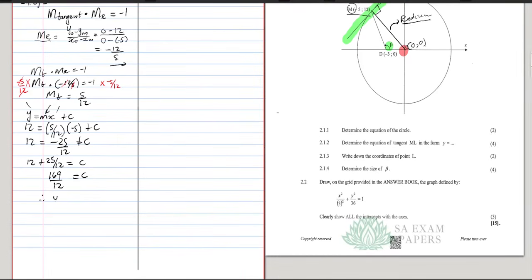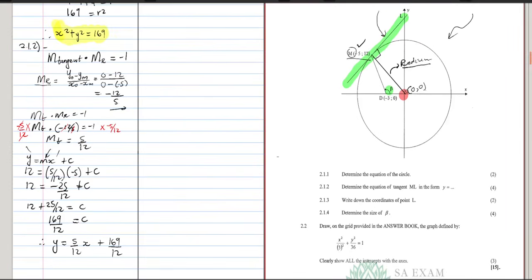Therefore, the equation of the tangent looks like this. The gradient is 5/12 x, and then c, that's plus 169/12. So that's the equation of the tangent.